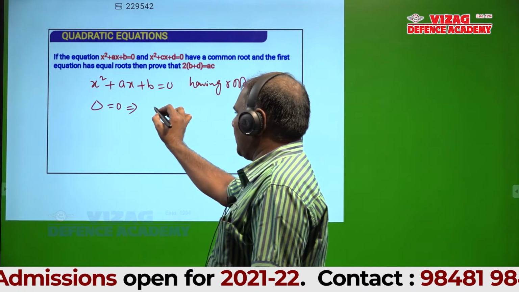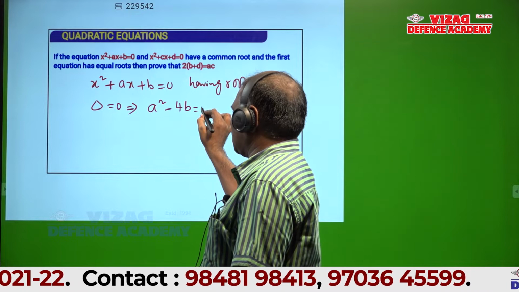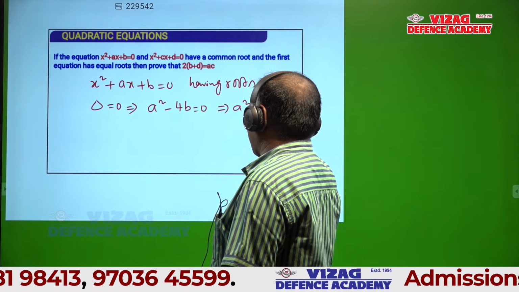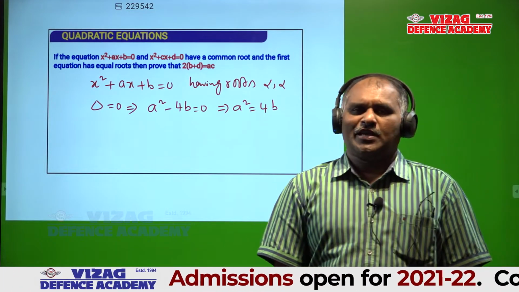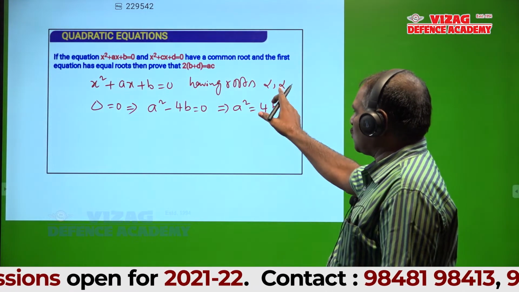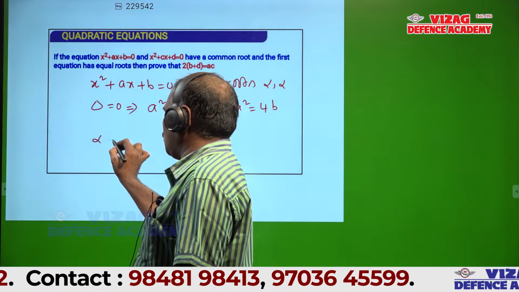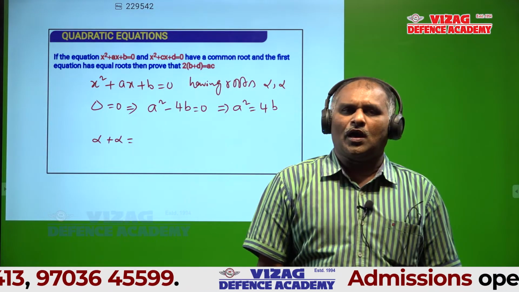What do you get? a square minus 4b is equal to 0, which implies a square is equal to 4b. And what are the roots? Alpha and alpha. What is the sum of the roots? Alpha plus alpha. What is the formula?